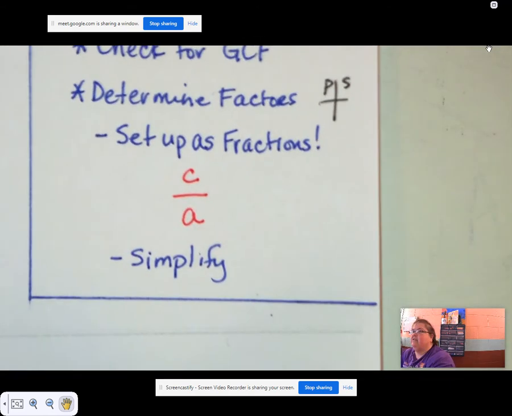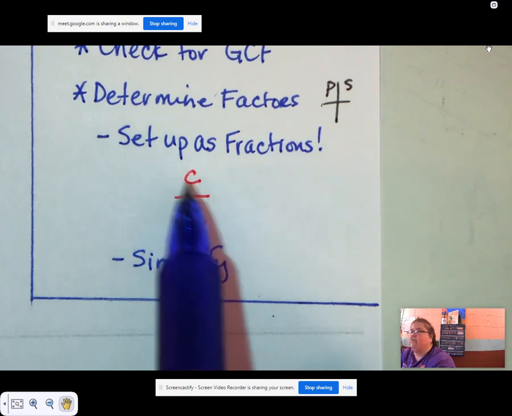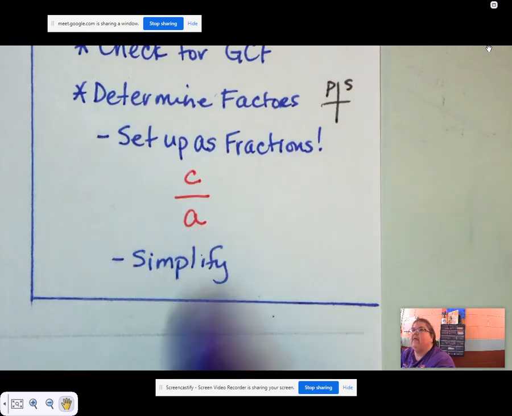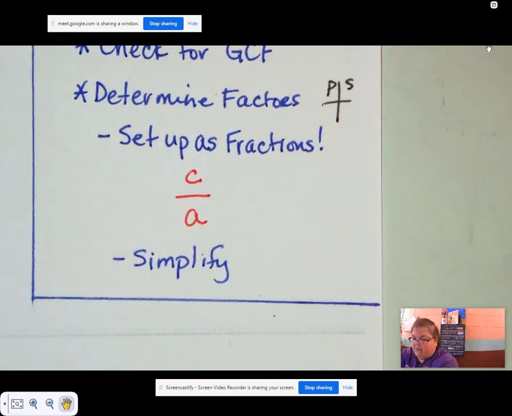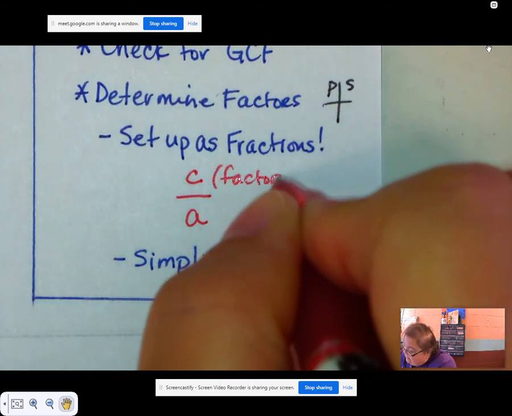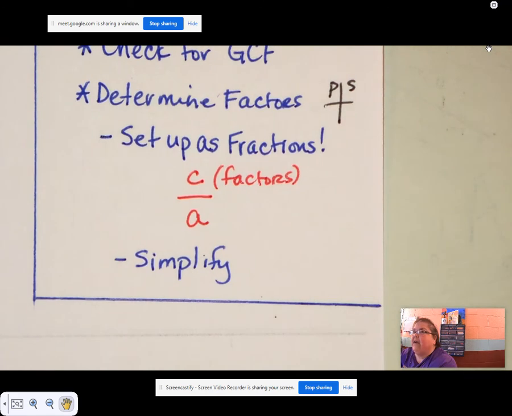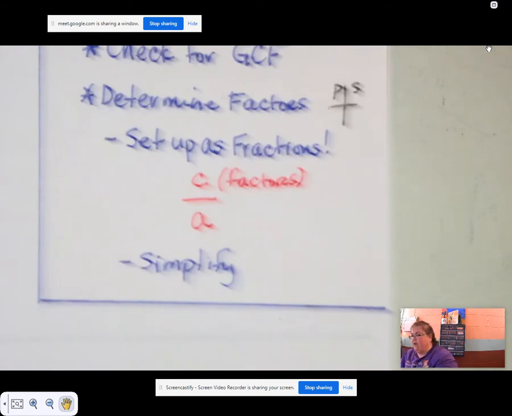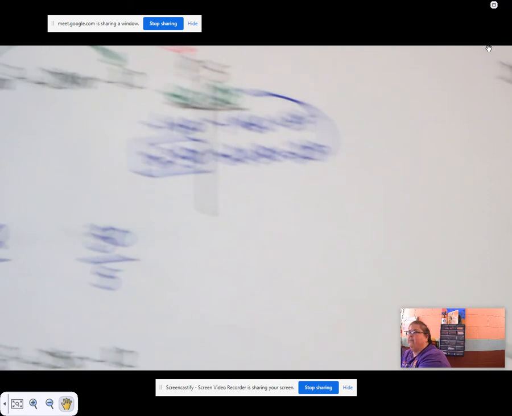Let's go back over here to our notes and see where I have the letter C. That's also factor, so let's add that to it. Those are our factors over A. That's the fraction. C for constant, same thing, but those are our factors. So let's go back up here.